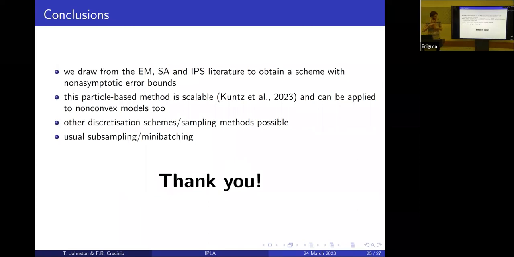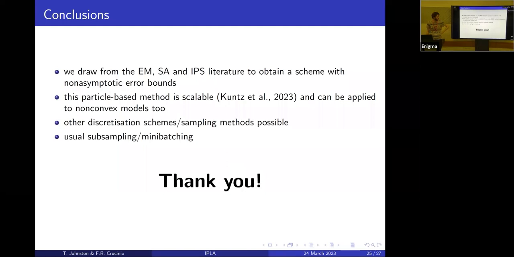Yeah. So as you can see from this talk, the idea is drawing from a lot of different literature. We think that this is a good thing in the sense that by combining good ideas from other literature, you might be able to get something which is slightly better, or with easier theoretical analysis at least. So this is a combination of the simulated annealing literature, then you have EM coming in.